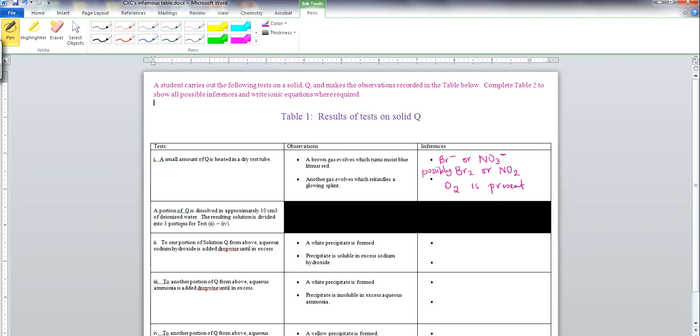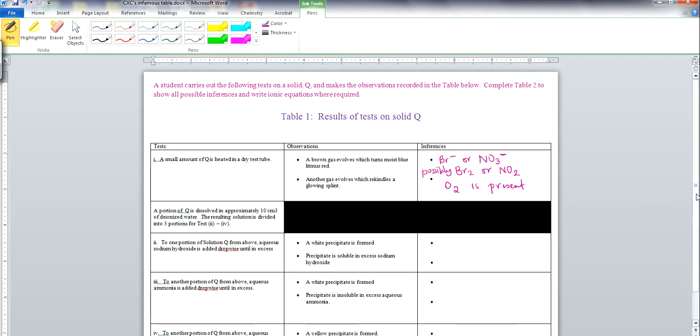Now, it says a portion of Q is dissolved in approximately 10 centimeters cubed of deionized water. The resulting solution is divided into three portions for tests 2 through 4. So, to one portion of solution Q from above, aqueous sodium hydroxide is added dropwise until it is in excess. A white precipitate is formed, right?